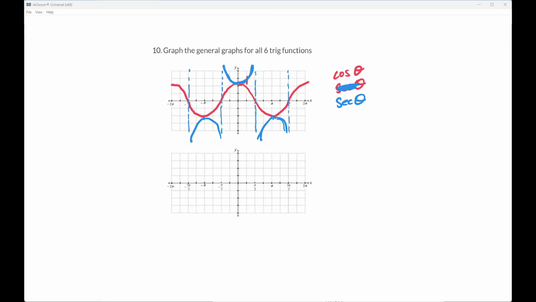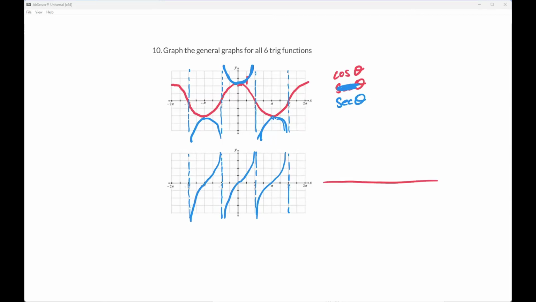All right, because for tangent, we notice what? It's this and this, right? And we did something like this right here, right? But remember that when you do cotangent, it's going to be shifted a little bit.